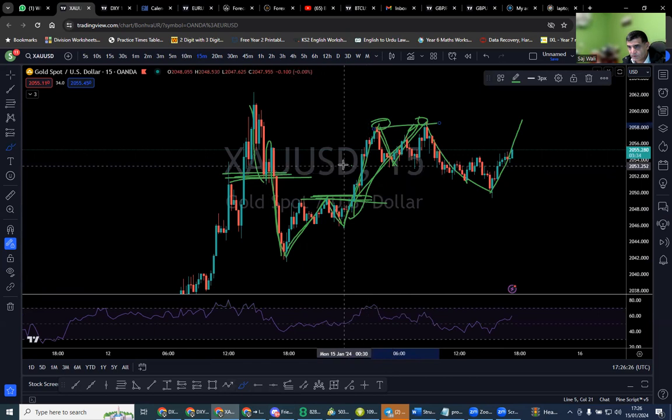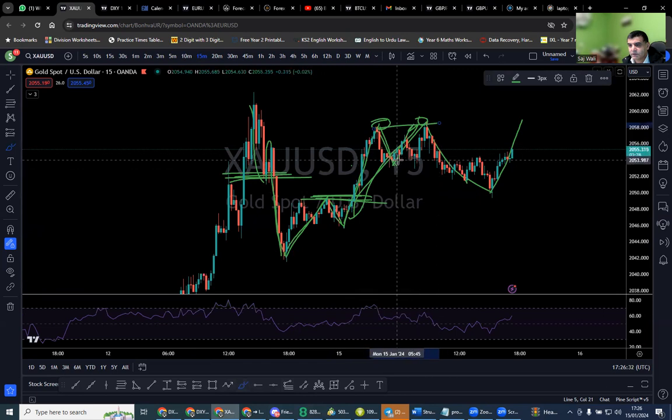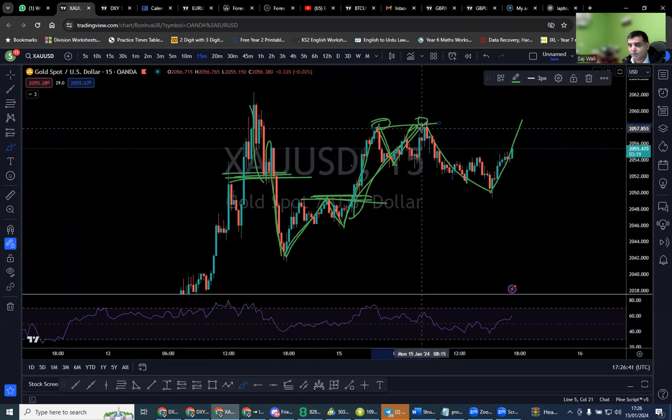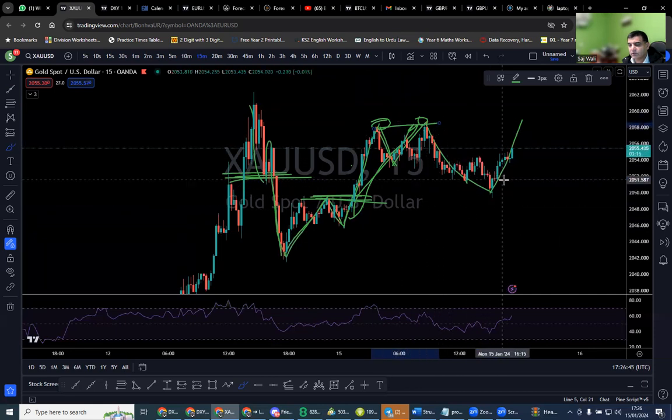So market respected this. That was a fib level rejection, and also we have a structure here on the other side. Market made a double top. Once a double top is formed, we usually see a good movement. So we did see some movement.